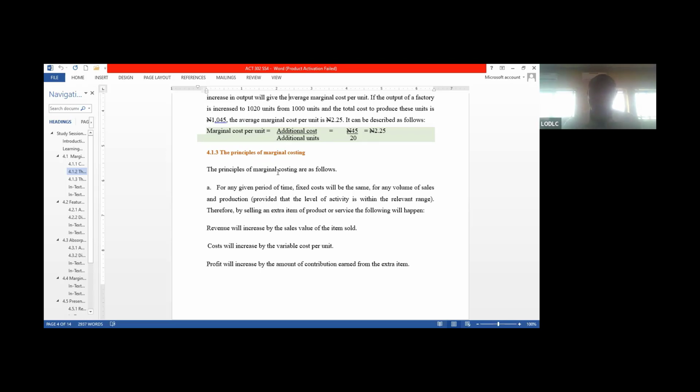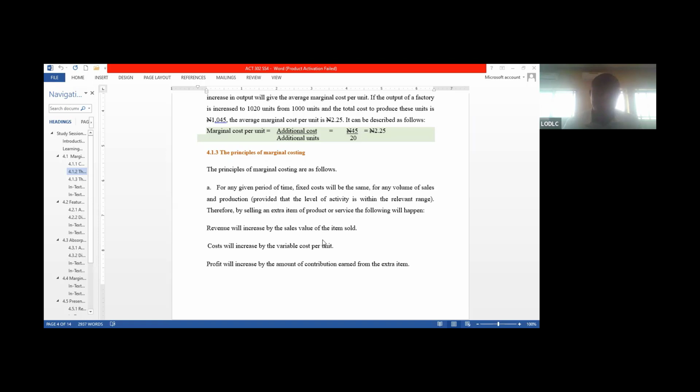So therefore, when selling an extra item of product or service, the following will happen. The first one, revenue will increase by the sales value of the item sold. Cost will increase by the variable cost per unit. Profit will increase by the amount of contribution earned from the extra item.